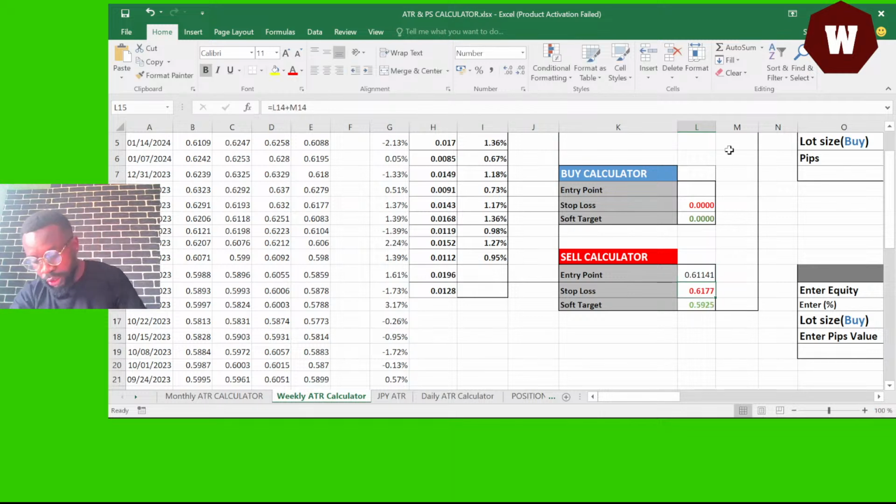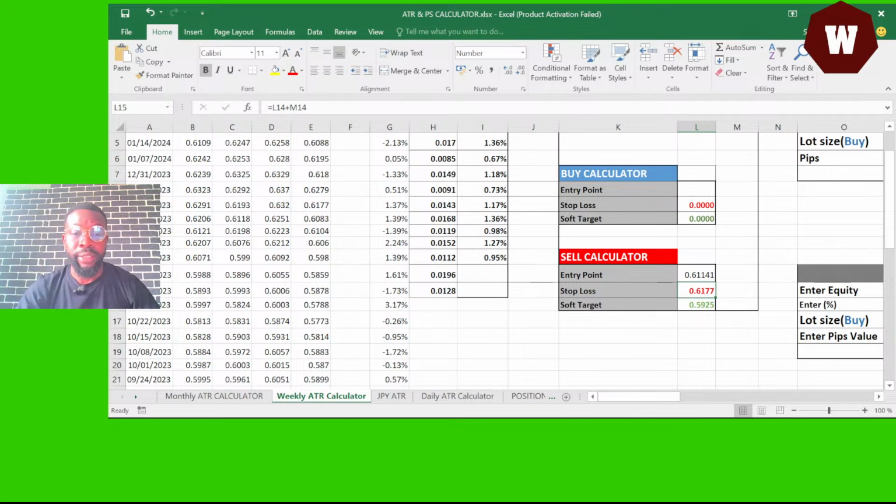Stop loss is at 0.6177. While take profit is at 0.5925.